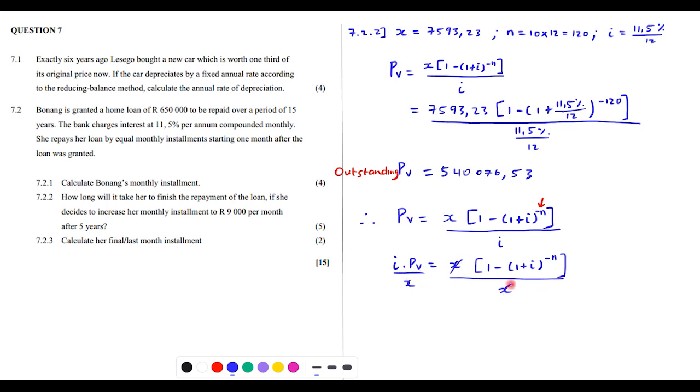Then I have i times PV over x, which equals 1 minus (1 plus i) to the minus n. And then from there, we bring this part to this side, and then (1 plus i) to the minus n is going to be 1 minus i times PV over x, right?